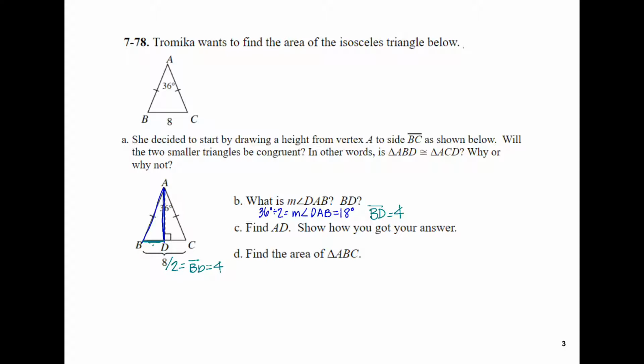It then asks us to find AD. So looking at the measure of 18 degrees, if we are looking to solve for the length of AD, I remember that the tangent equals opposite over adjacent, which I know the tangent of 18 degrees should equal my opposite side, which is 4, over my adjacent side, which is x.